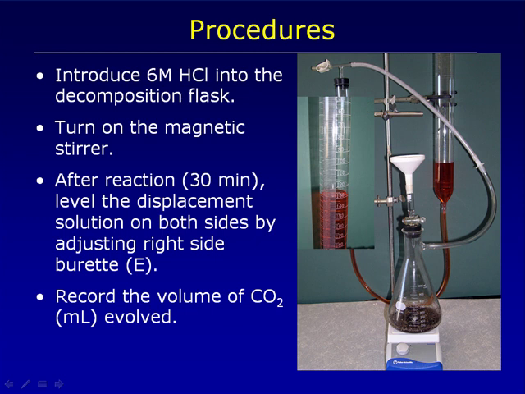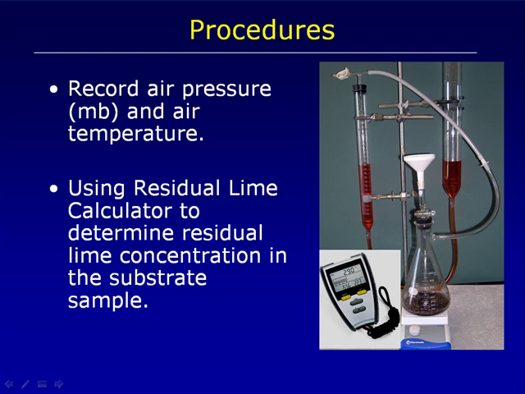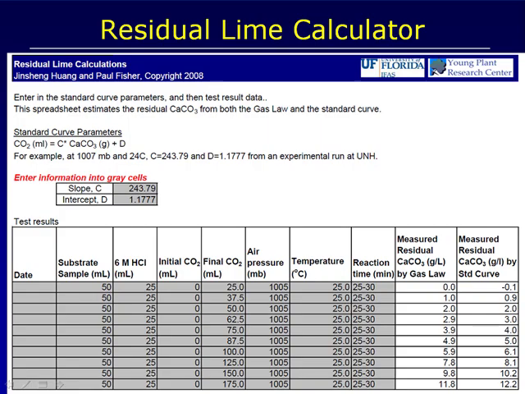So record the volume of CO2 evolved, the air pressure, and the air temperature, and enter these data into our spreadsheet, which is the residual lime calculator spreadsheet, to determine the residual lime concentration in the substrate sample. So here is a third screen for the residual lime calculator spreadsheet.